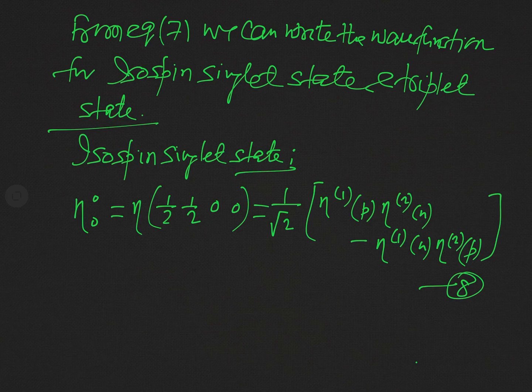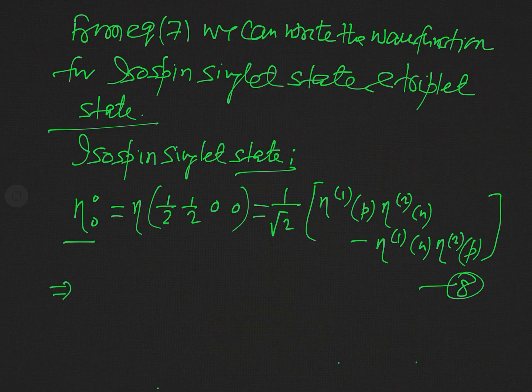Now we can see from this result that the isospin singlet state defined in equation 8 is antisymmetric in nucleon 1 and nucleon 2. Why do we say that it is antisymmetric? If we interchange 1 and 2, you can see that the sign of this wave function will just be reversed. If you put n here and p here, the sign will just be reversed.